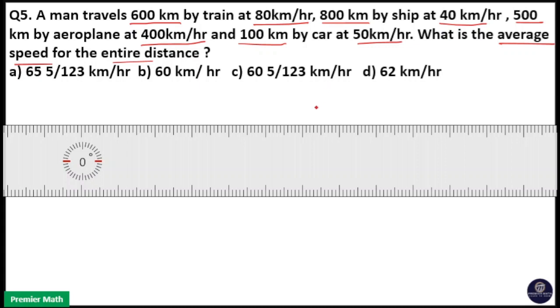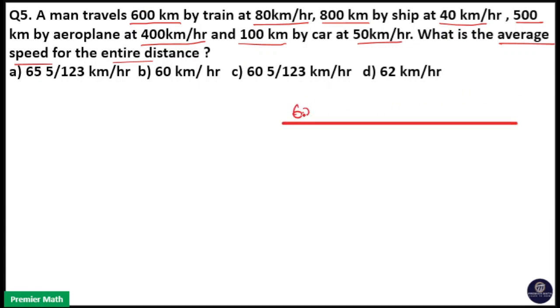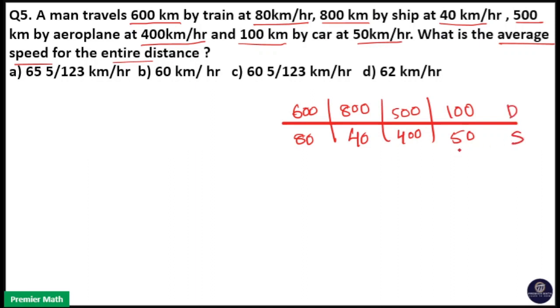Here, a man travels 600 km at 80 km per hour, 800 km at 40 km per hour, 500 km at 400 km per hour, and the remaining 100 km at 50 km per hour. So this is distance and this is speed.